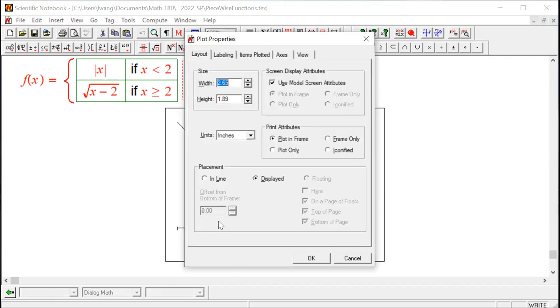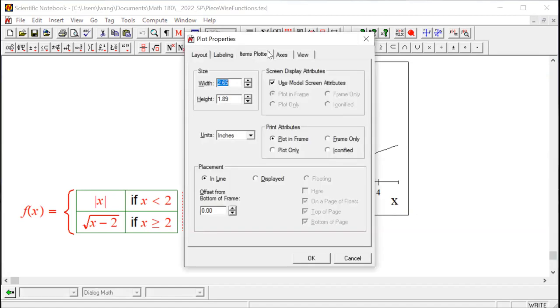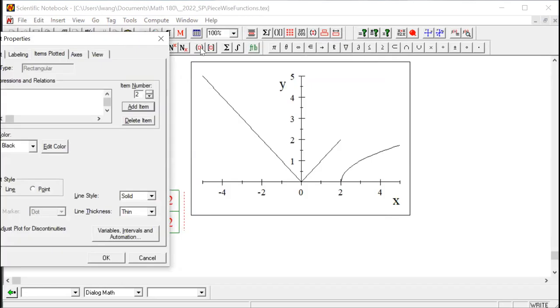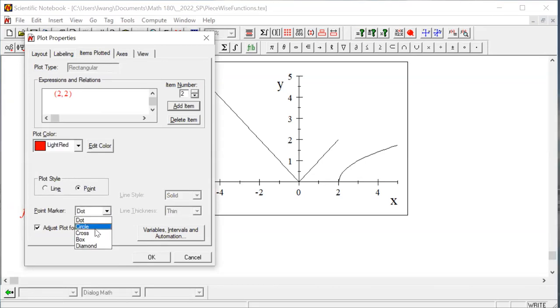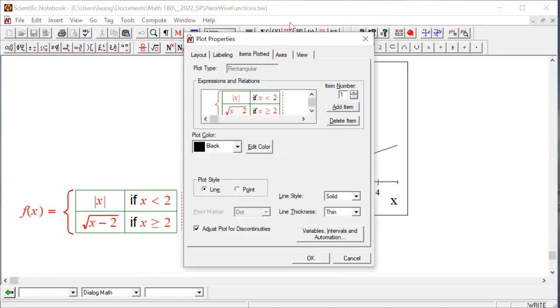So in your calculus class, you just have to put a circle here and a dot here. Usually that's what you need to do. You're going to put a circle there, and you're going to put a dot over here.